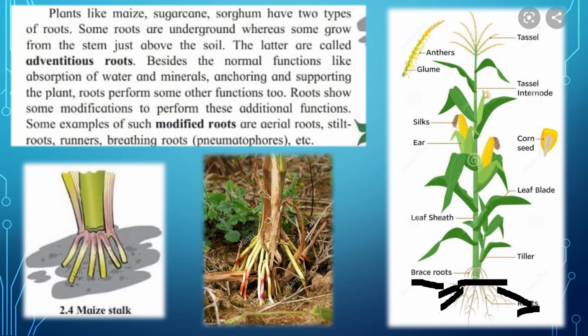In order to protect the plant from falling, this plant has modified roots. Those roots are called adventitious roots. Besides the normal function of the root, which is to absorb water and minerals, to anchor the plant in the soil, and to support the plant by anchoring in the soil.